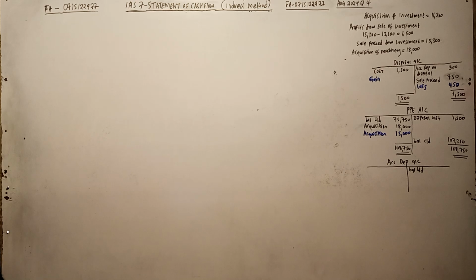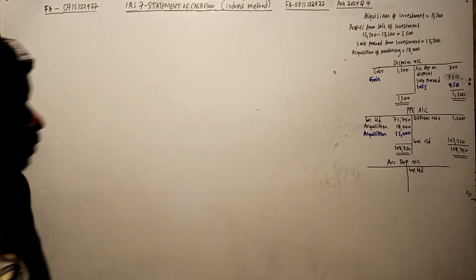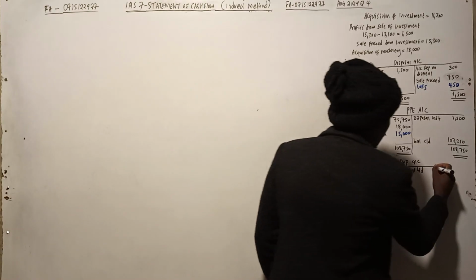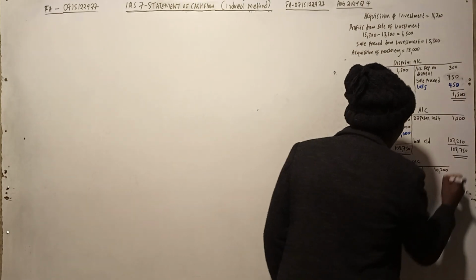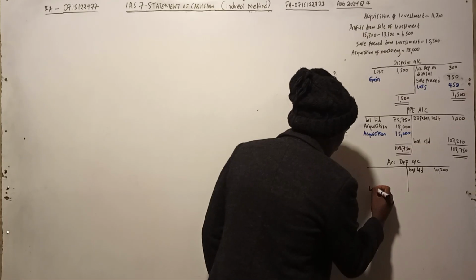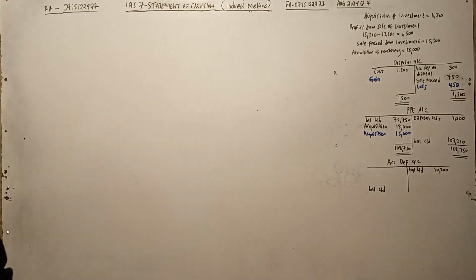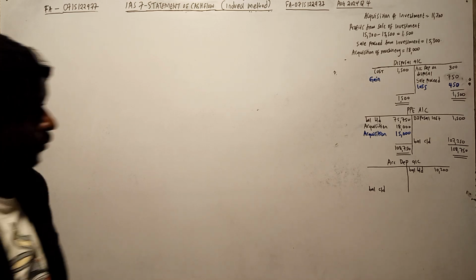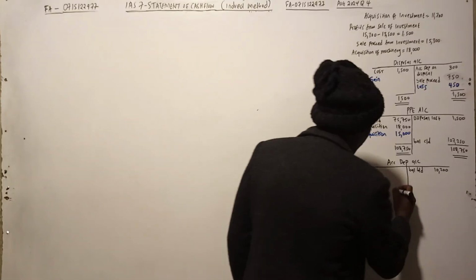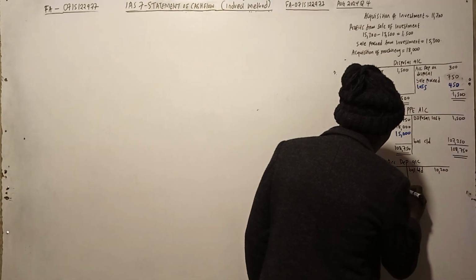Hapo kwa PP chini yake we have the balance at the beginning, which is 10,200. Then you have the balance carried down. Balance carried down naona ni ngapi? 15,450.